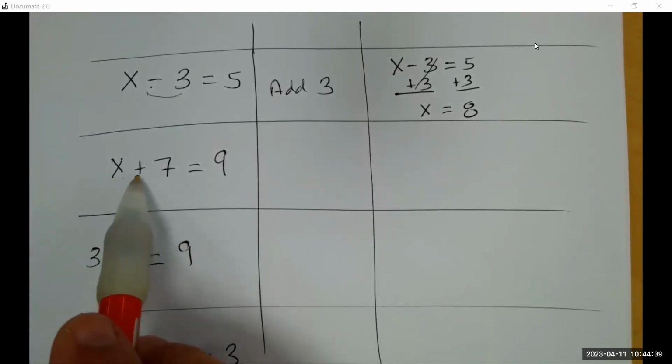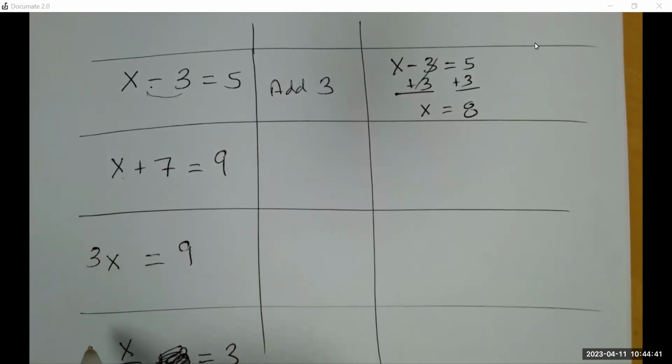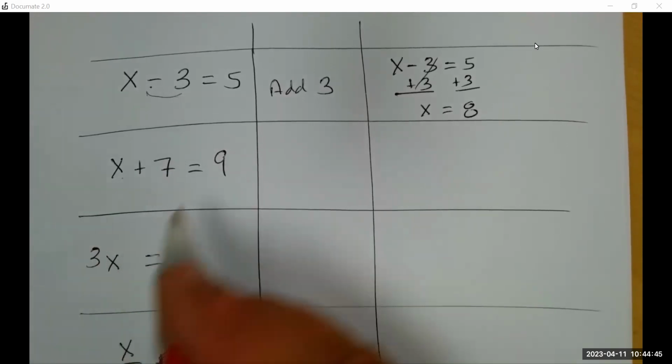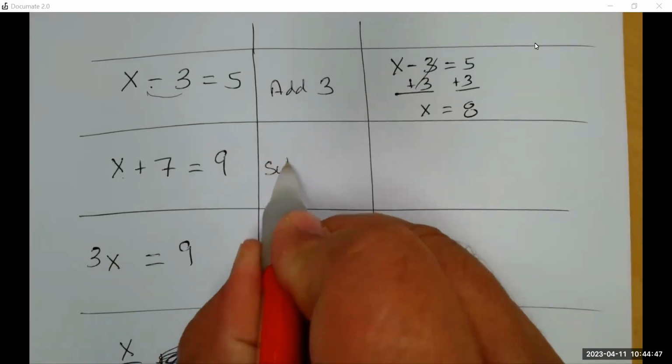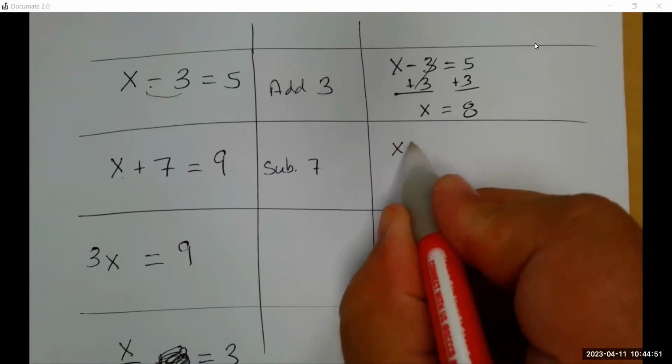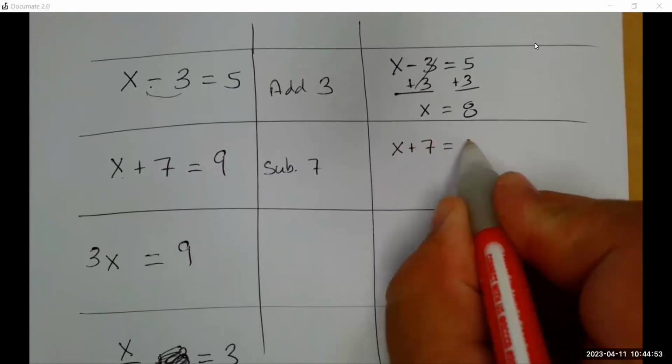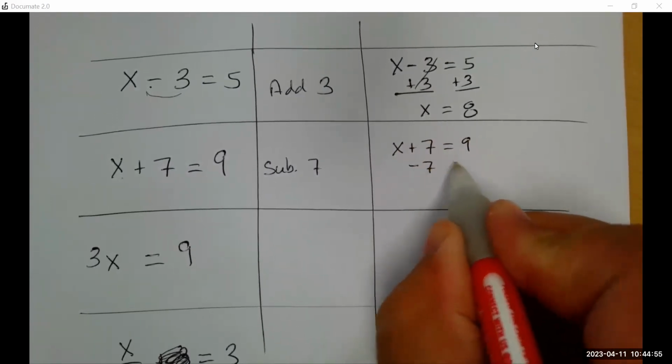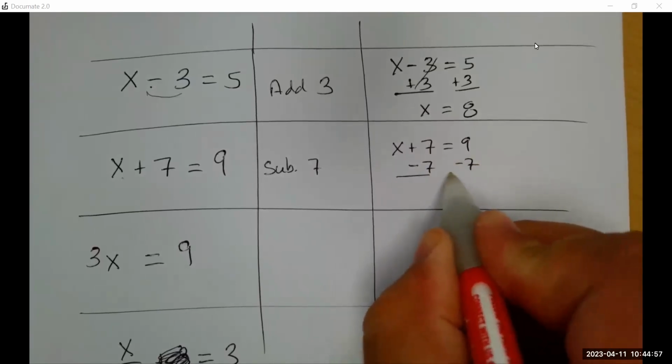If you have a plus sign after the x, or in front of the non-x term, we have to subtract 7 in this case. So x plus 7 equals 9. So we have to subtract 7 from both sides.